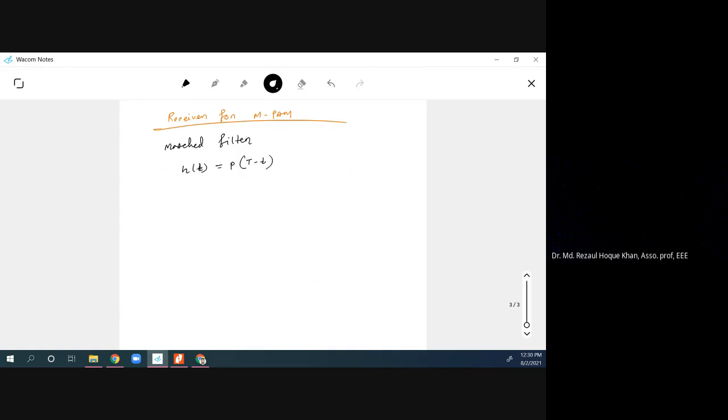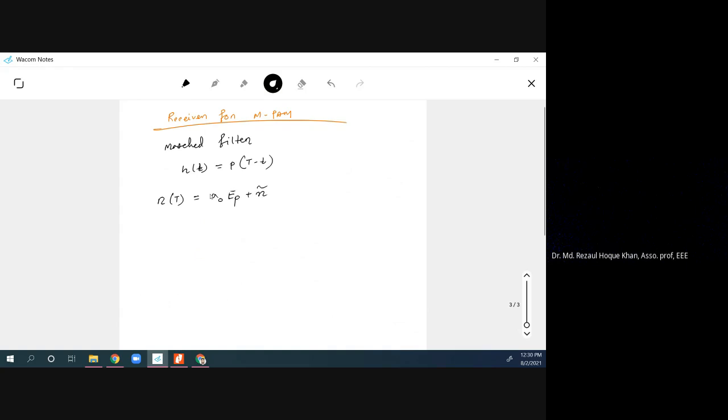So what will be the received signal? Our received signal, r(T) after sampling at capital T, is like a standard equation that we use several times. We will find it as A0 root Ep plus n tilde.